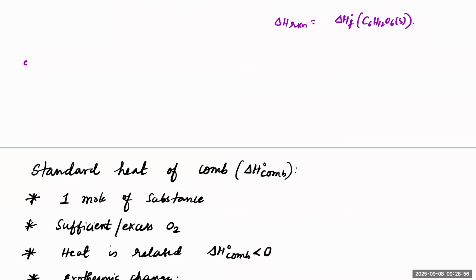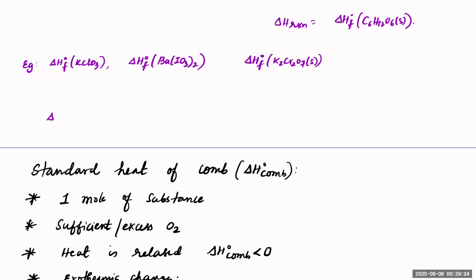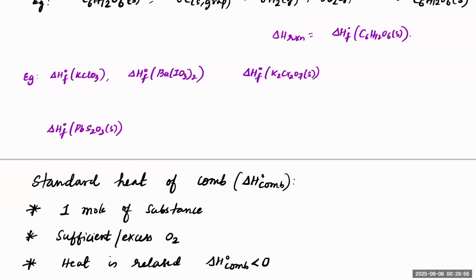Please write down the delta H of formation reaction for KClO3, for barium iodate, Ba(IO3)2, for K2Cr2O7 in solid state, and for lead thiosulfate, PbS2O3, solid. Quickly write down these cases.